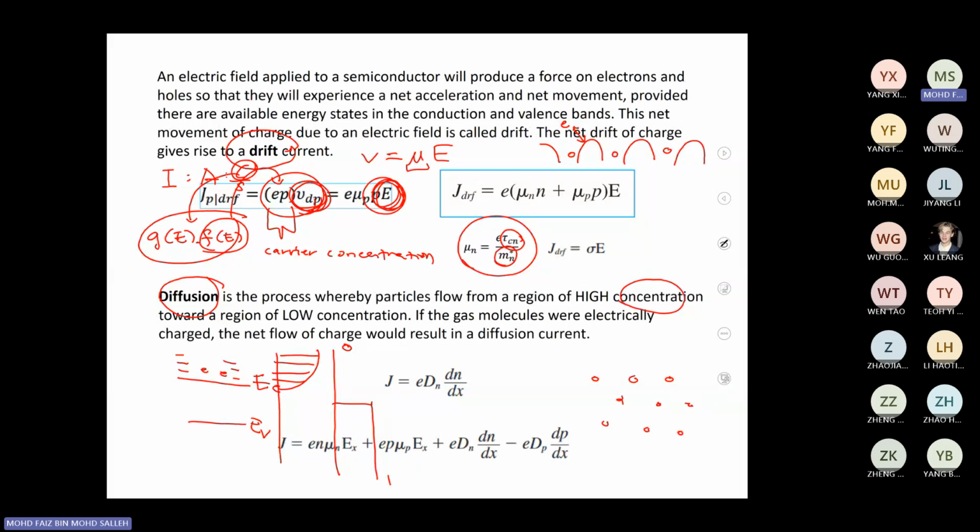Okay. So how mobile it is depends on the mass, and it also depends on scattering. What is scattering? Just as the name says, scattered. In the material, it's not only electrons. We have the lattice. The lattice is the atoms that we define as a wave, periodically.